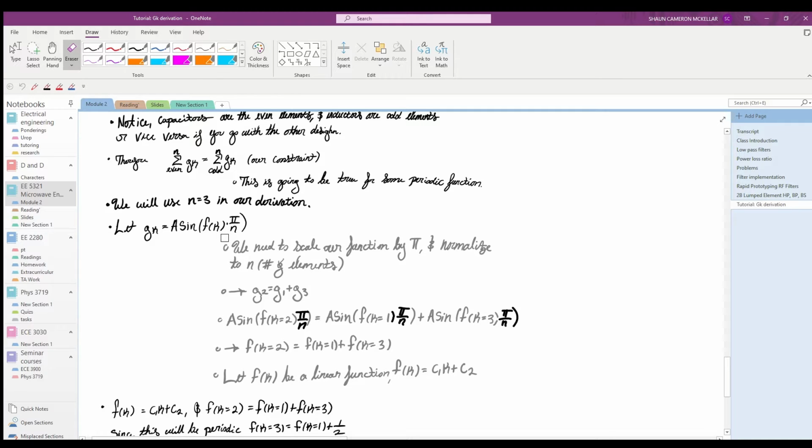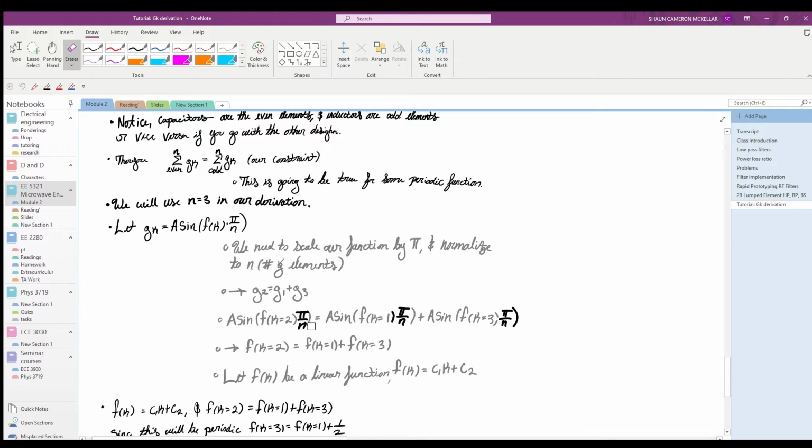Alright, so if you look at what we wrote up here and we choose n equals 3, well, what we'll have for the even components is G sub 2 will be equal to the odd components, G sub 1 plus G sub 3. So now we will substitute in our G sub k equation that we wrote here into this equation. And so what we'll be left with is this row.